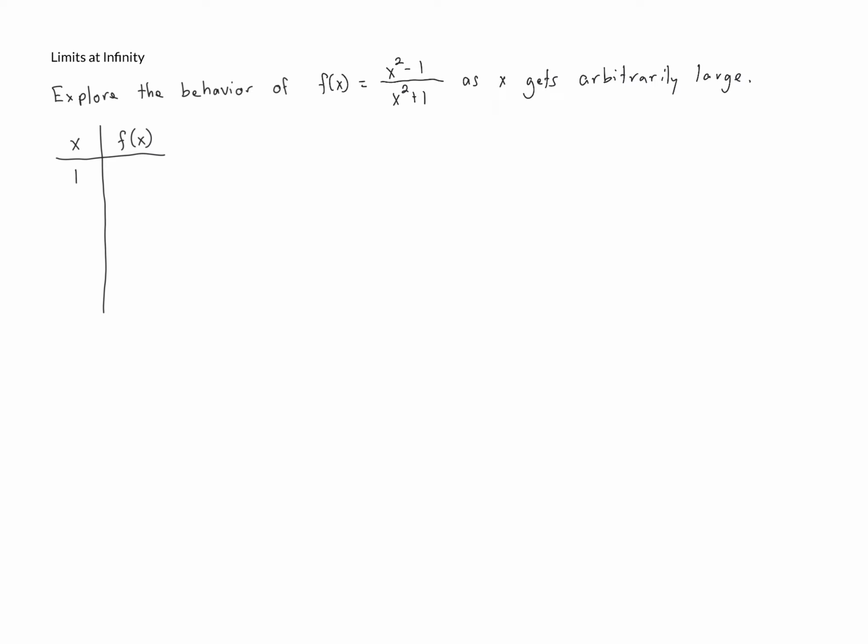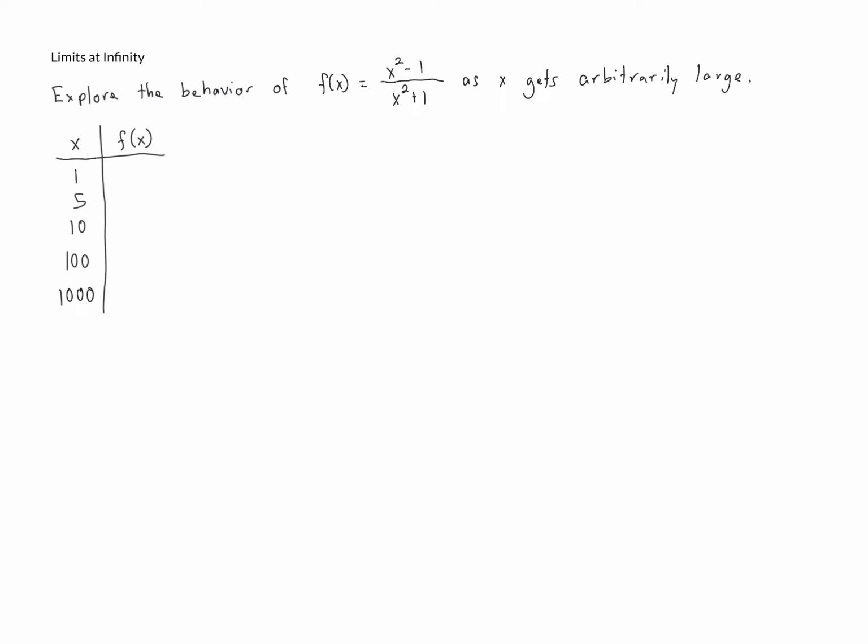Let's start with 1, and then maybe 5, and then maybe 10. And then let's look at what happens when x is 100 and 1,000. So instead of x getting closer to a single real number, we're looking at what happens as x approaches infinity, meaning as x is getting larger and larger and larger.